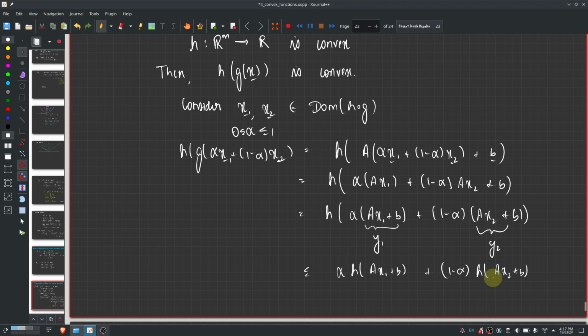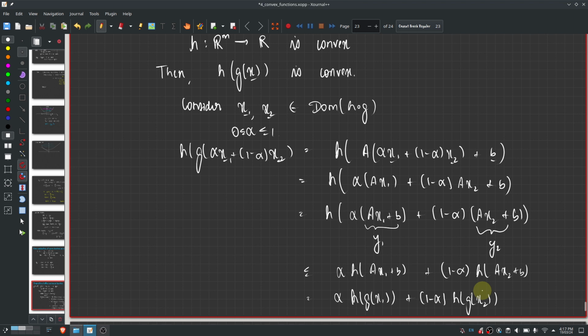But Ax1 plus b is nothing but g of x1 and the other is g of x2. Right? So the composition is convex.